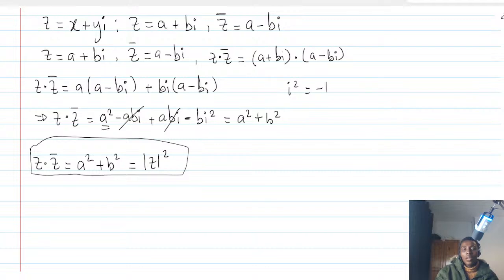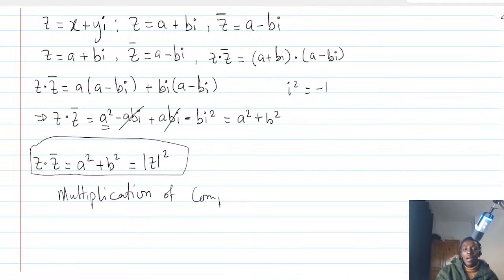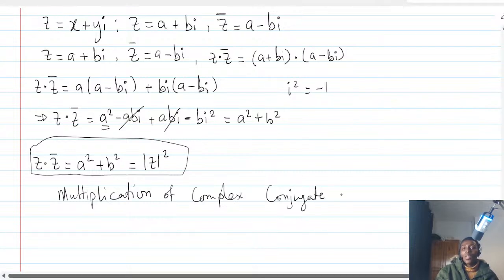So now let's come back to, so we are going to look at multiplication that is involving the complex conjugate, and then division.